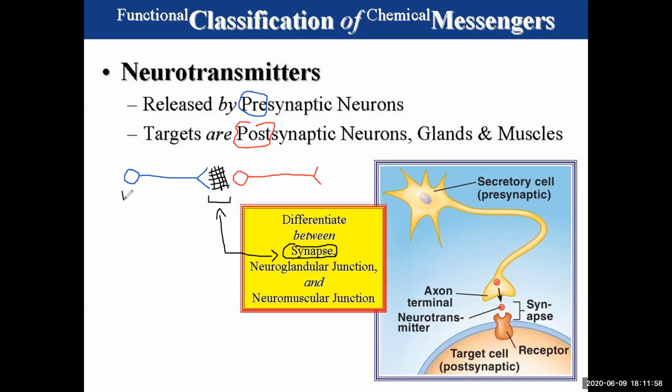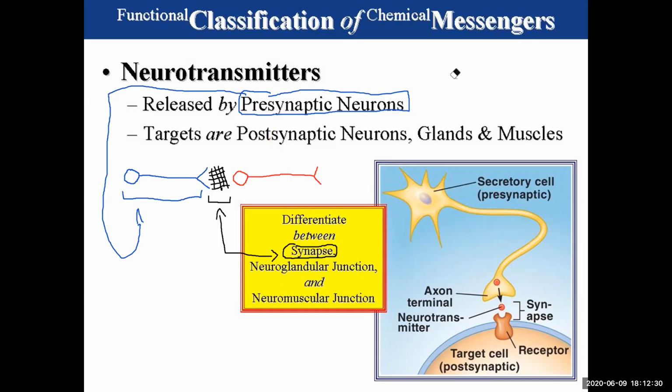So the blue cell, it's a presynaptic neuron. And the red cell, you have guessed it, is the postsynaptic neuron.